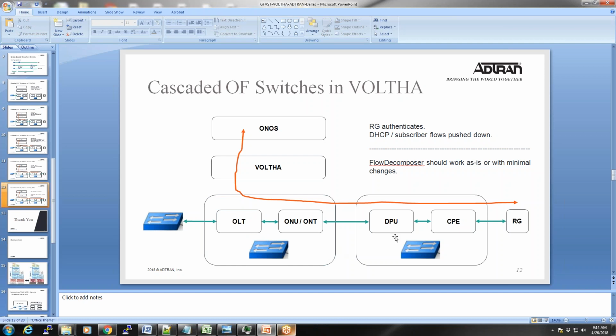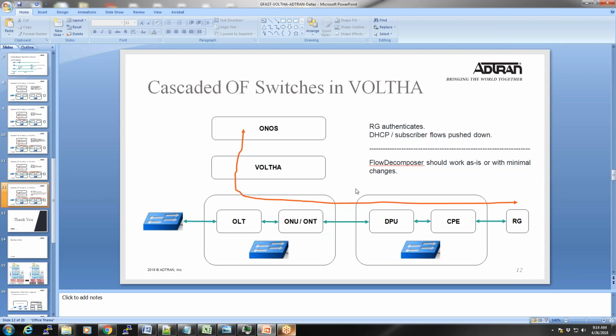From a management perspective, there would be a management flow configured in there so that you could manage the DPUs. But then there would also be a subscriber flow that the DPU would place its traffic on. And so you're not provisioning to two places, you're letting both places individually provision what they need to based upon the flow rules.